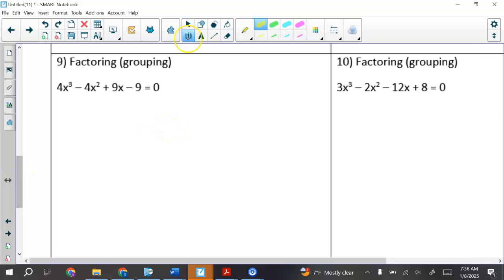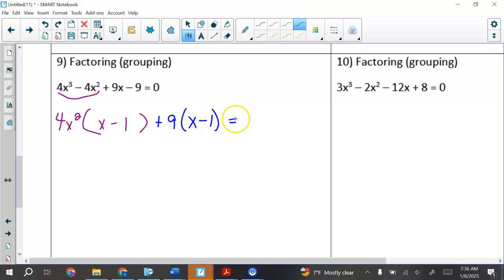So you've got that first group. We can take this time a 4x squared out and then write what you would have left. So we'd have x minus 1. And then for the next one, we can take a 9 out. Okay, so then both of them have that x minus 1.